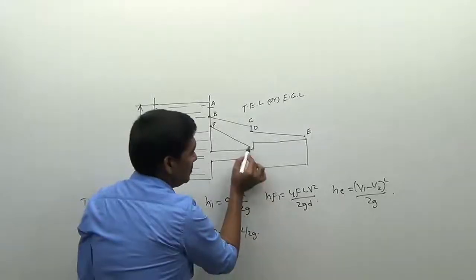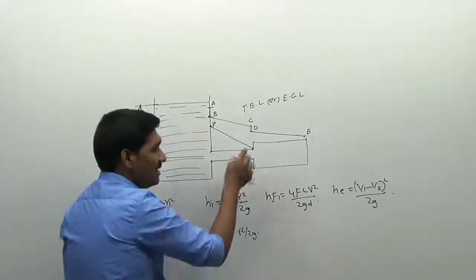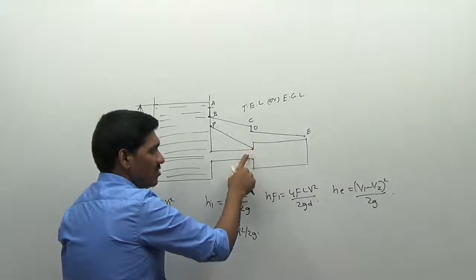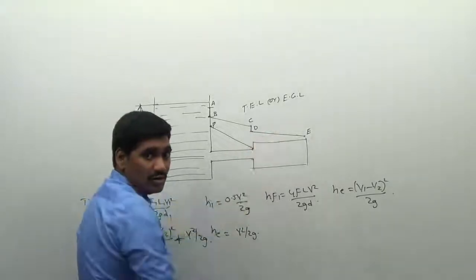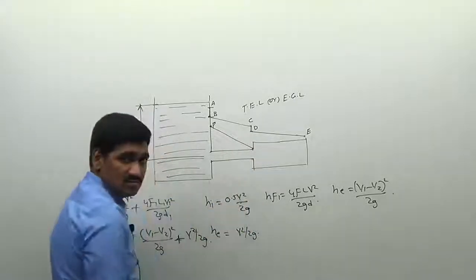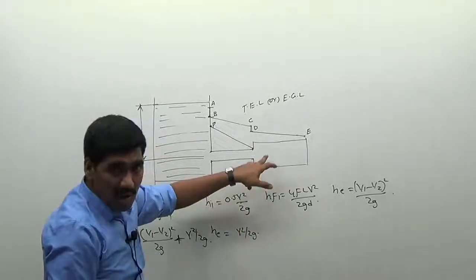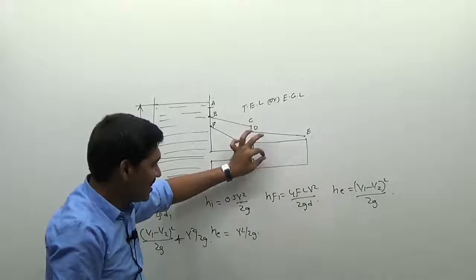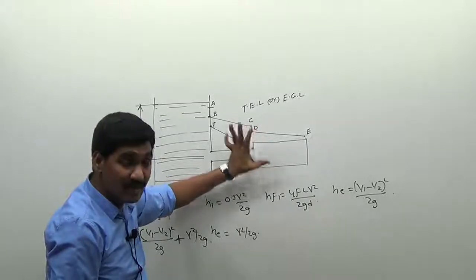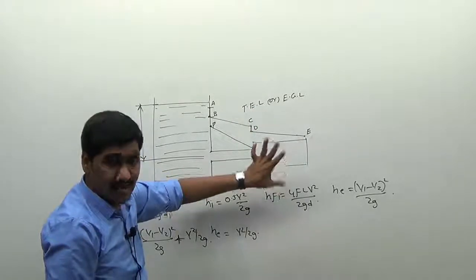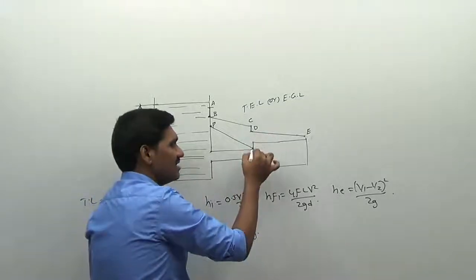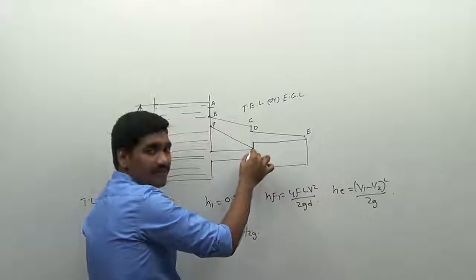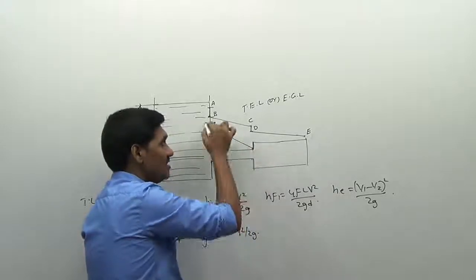I am joining this line to this position here. Whenever this area is increased, what about the velocity? Velocity will generally decrease. Whenever the area is increased, velocity will be decreased, but pressure will be increased. Since the pressure is increased, there is a rise in the height of this line here. Now this is the line here.